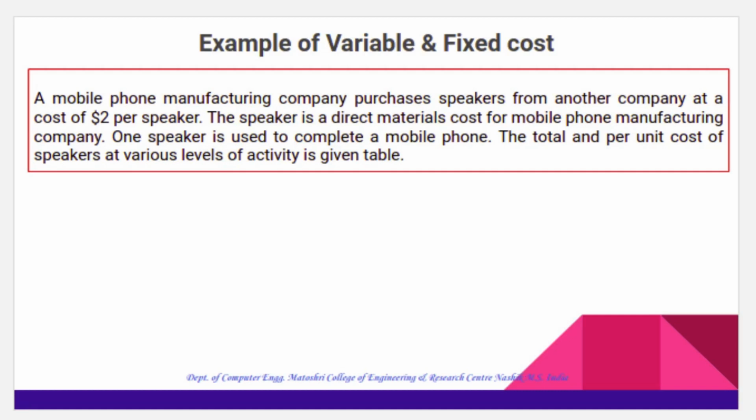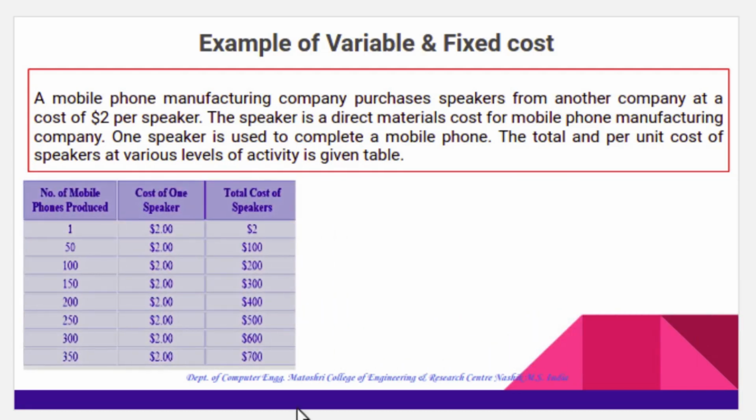The total and the per unit cost of the speaker at various levels of activity is shown in this table. Notice that the total cost of the speaker increases as the mobile phone production increases, but per unit cost remains constant.